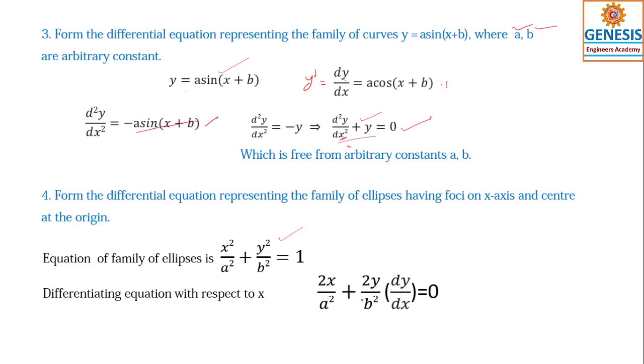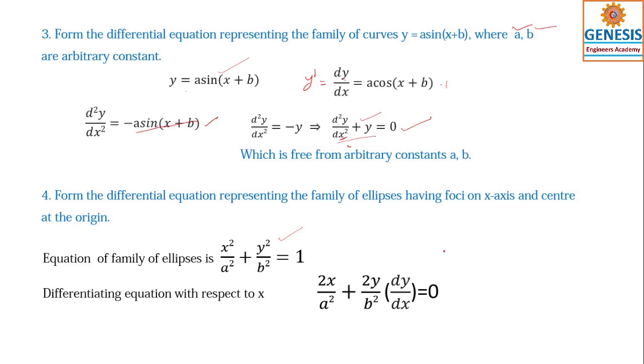From this, dy by dx is equal to minus 2x by a square, divided by 2y by b square. So you have minus b square by a square into x by y.